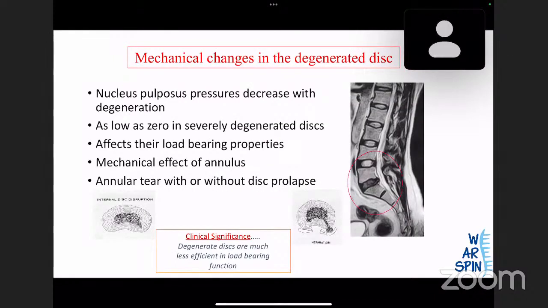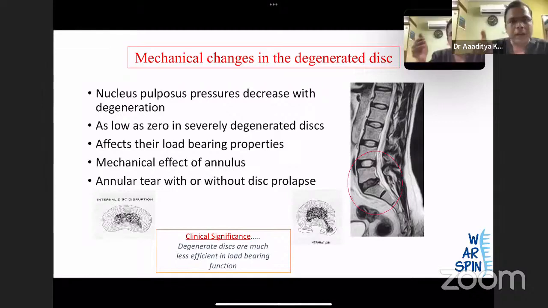Because of these earlier two phenomena, biomechanical changes happen in terms of pressures. Nucleus pulposus pressures decrease because of these degenerative changes, and that affects the load bearing capacity of the disc.